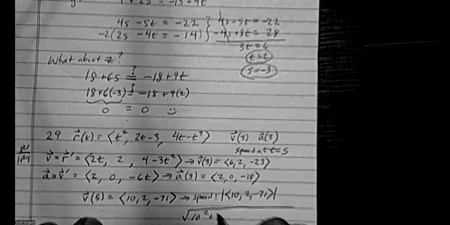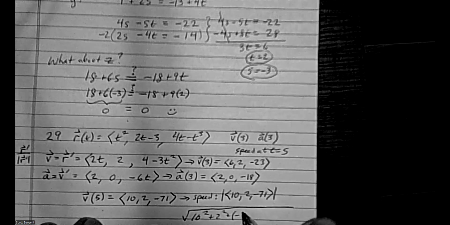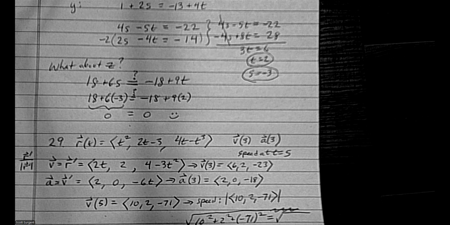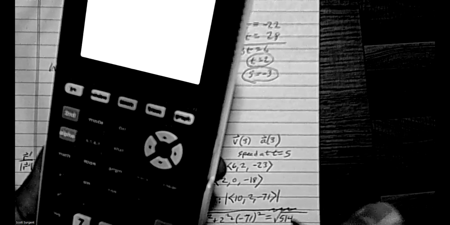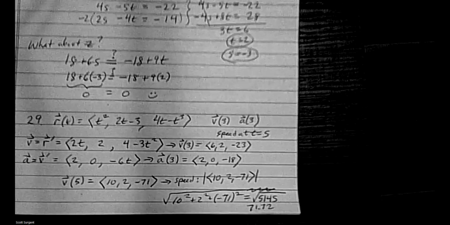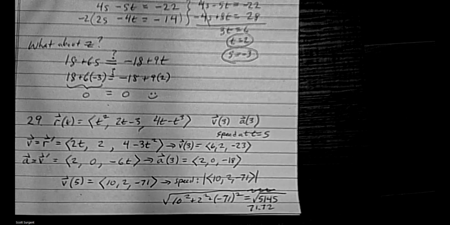So 10 squared plus 2 squared plus -71 squared. You get 104, and I kind of know my 71 squared, but I'm going to look that up. So 5041 plus 104, so you get the square root of 5145, which comes out to about 71.72 units per second, or whatever, meters per second.